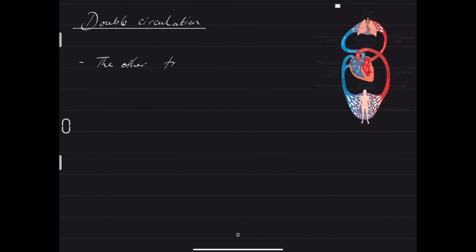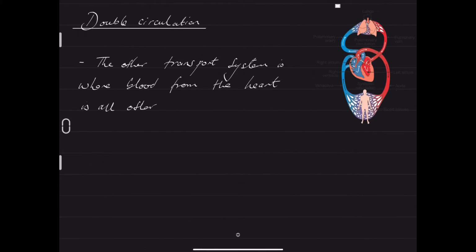The other transport system is where blood from the heart is transported to all other organs of the body and respiring cells, and it comes back again and returns back to the heart.